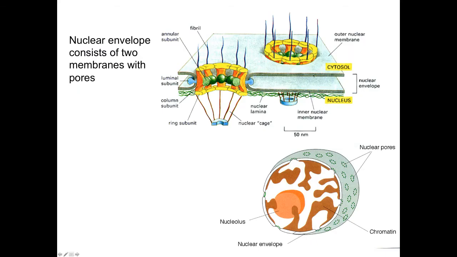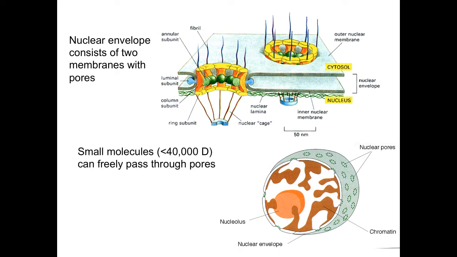Now, as we said, the nuclear envelope consists of two lipid bilayers, so a double membrane. The nuclear envelope has pores that perforate it at various places. These pores have a very regular architecture, which we're not going to go over here. You may have seen that earlier in your training. But the significance of the pores is they allow small molecules to pass freely in both directions.